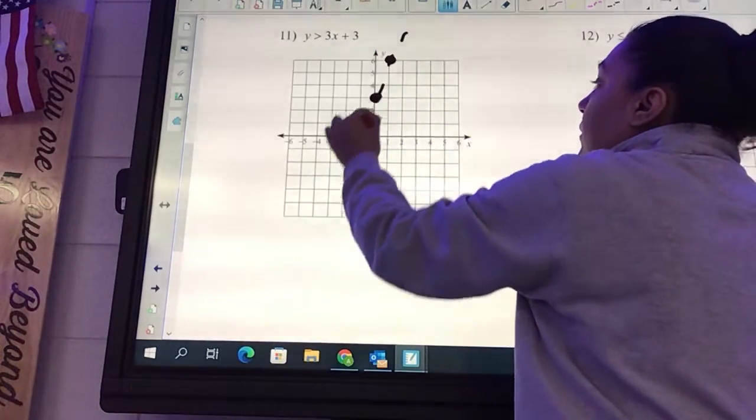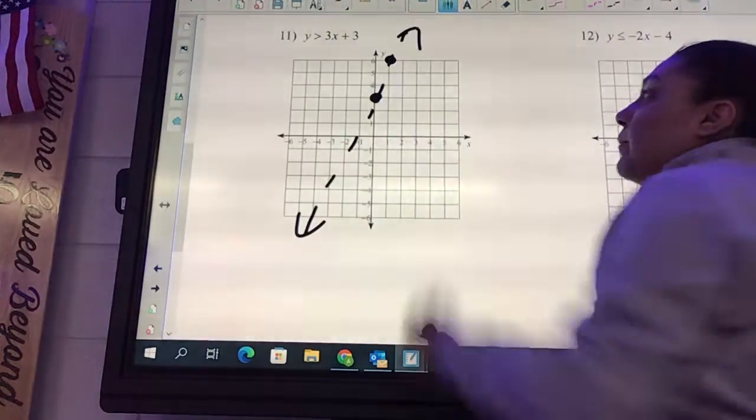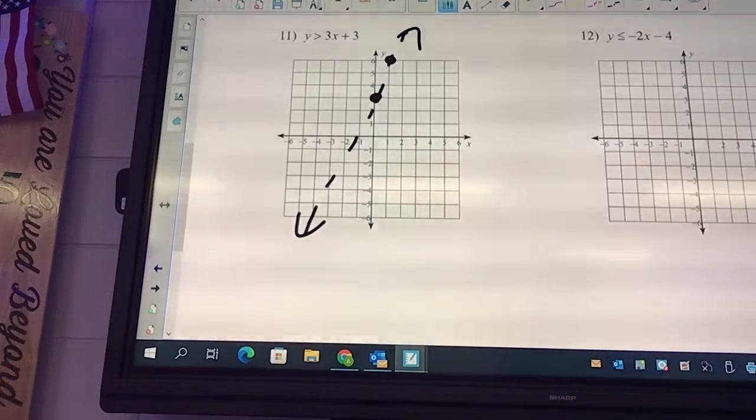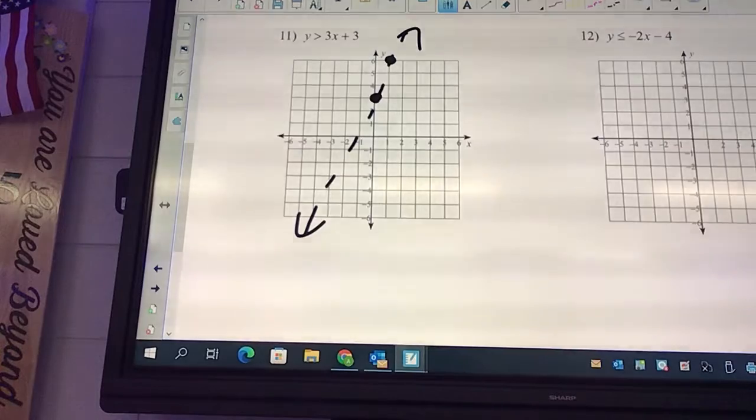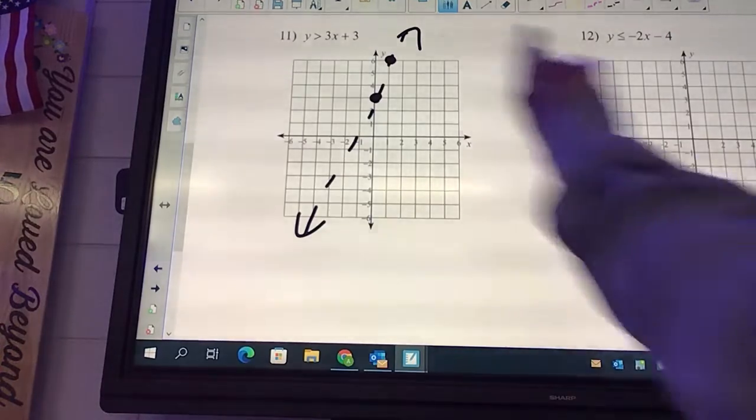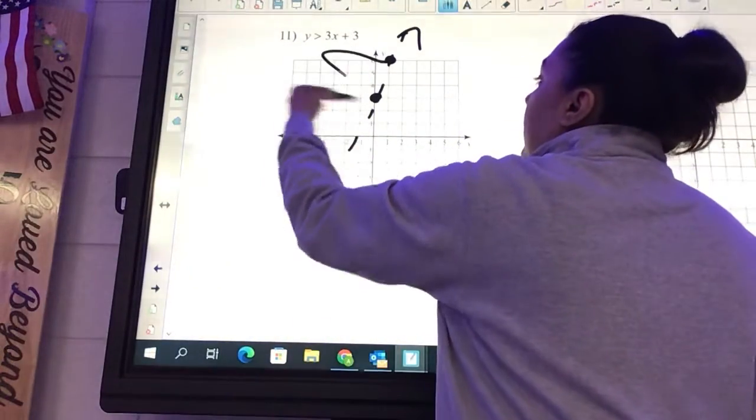Dotted line. Then it says y is what? Greater. So which side are you going to shade? Yeah, you can either say above or the left.